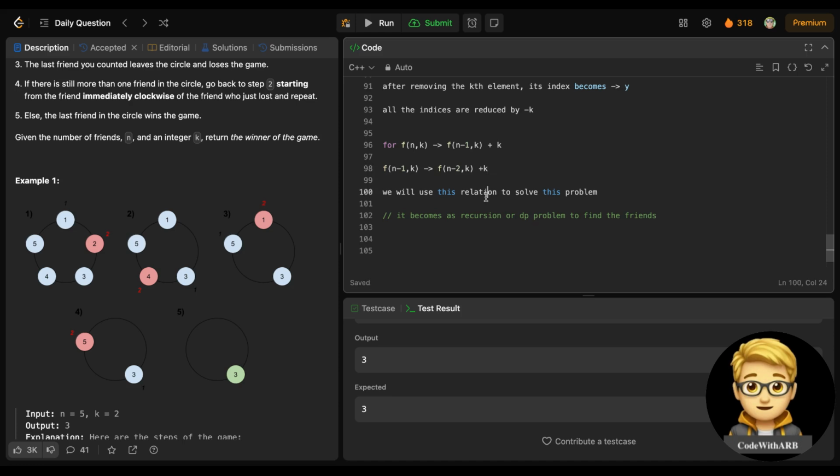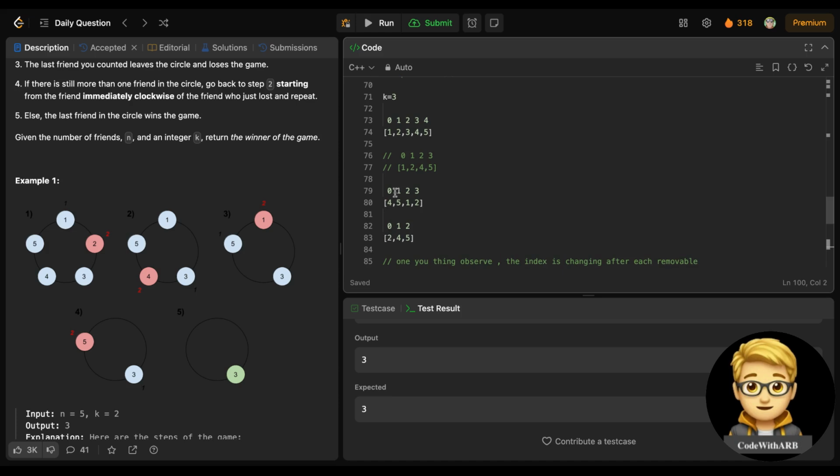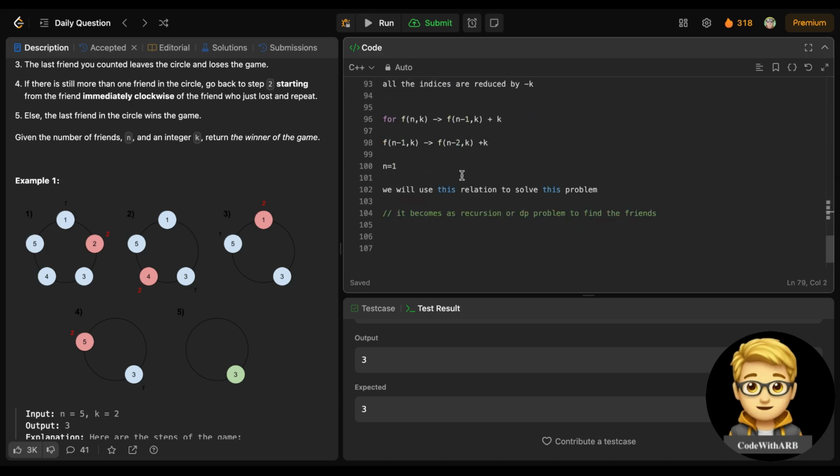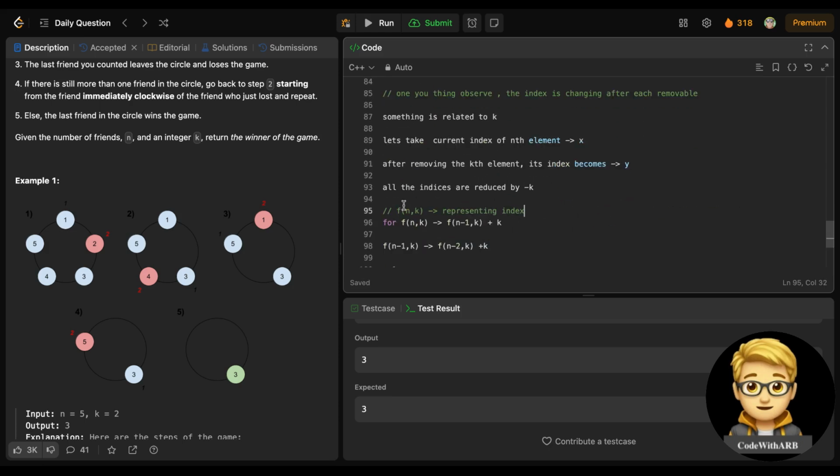So what would the base case be? At n equals 0, it would definitely go till 0. But sorry, we started from n, so this needs to go to n equals 1, because we have only 1 to n elements. When n equals 1, it will definitely be present at index 0, because f of n, k represents the index.